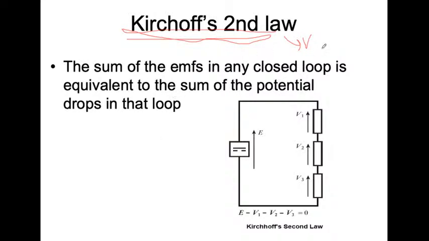Second law, we're looking at voltage, and now we're using loops. So what that loop really means is, as an electron flows through this circuit, we have this loop that it's going to travel in. But that's just the general loop that each electron will travel.